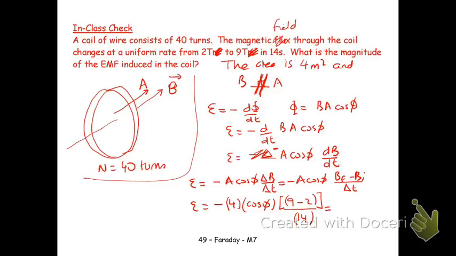So then we have 4 times cosine of 0 is 1. So 4 times 9 minus 2 is 7 divided by 14. Oh, I could have done that in my head actually. So that's going to be minus 2.